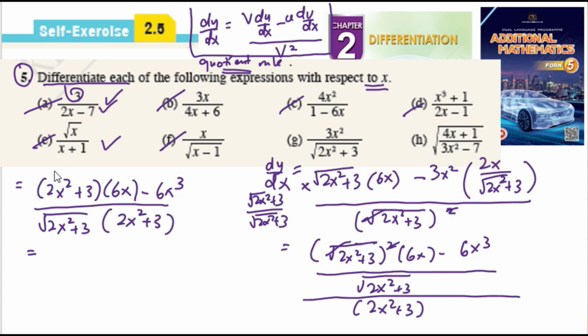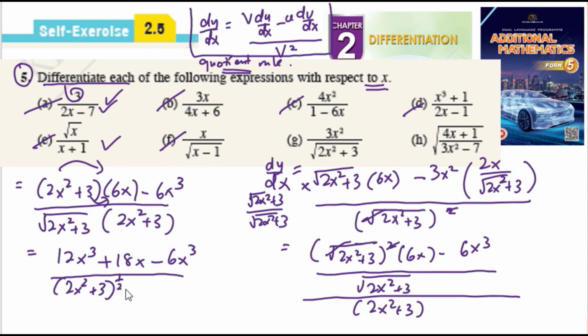Here you can expand. 2x squared times 6x, you get 12x cubed. Then 3 times 6x, you get 18x, minus 6x cubed. Here for the denominator, you see this is the same base, so you can combine by changing it to a power. 2x squared plus 3 to the power of half, times 2x squared plus 3 to the power of 1.